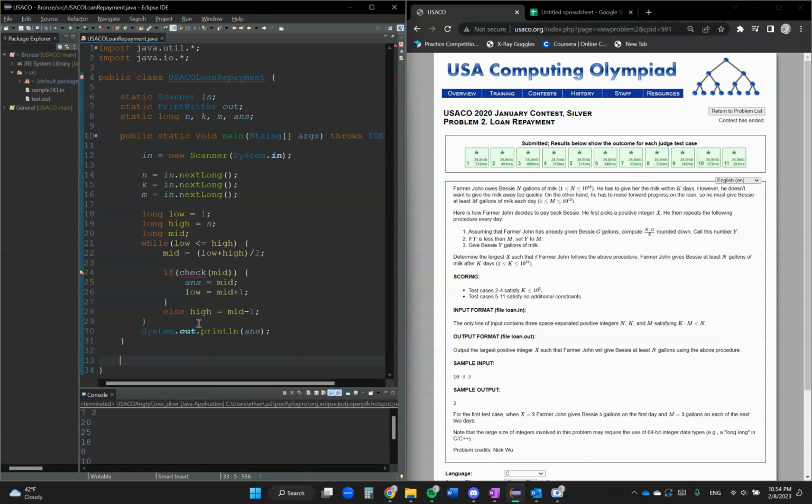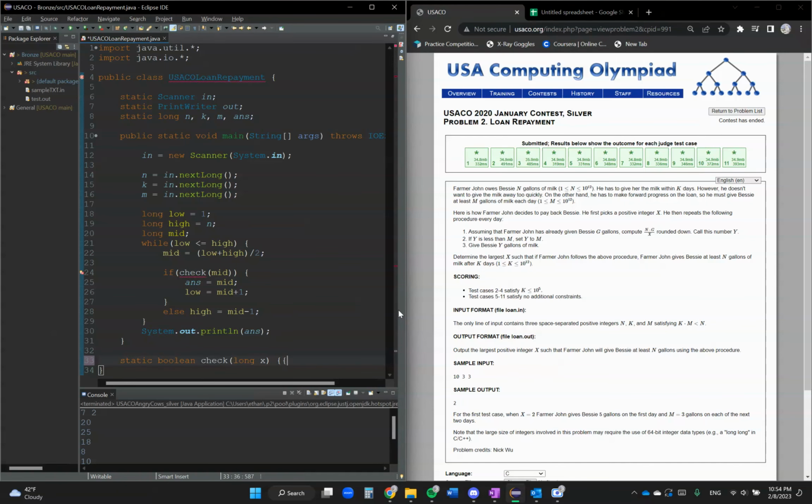But the problem is, even if we have a fast way to find the optimal value of x, we have no way to check how many days Farmer John gives at least n gallons of milk to Bessie. And we don't have a really clear way, since n is going to be 10 to the power of 12 and m is also going to be 10 to the power of 12. So we can't utilize a for loop that uses n and m.